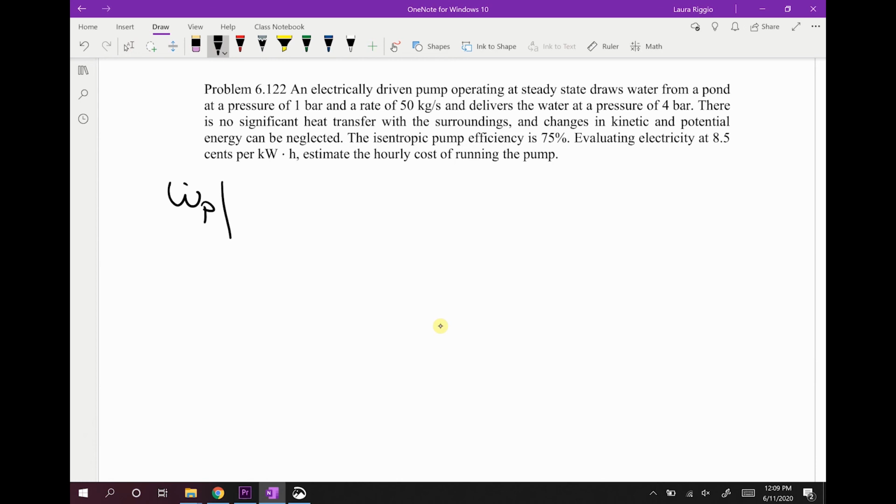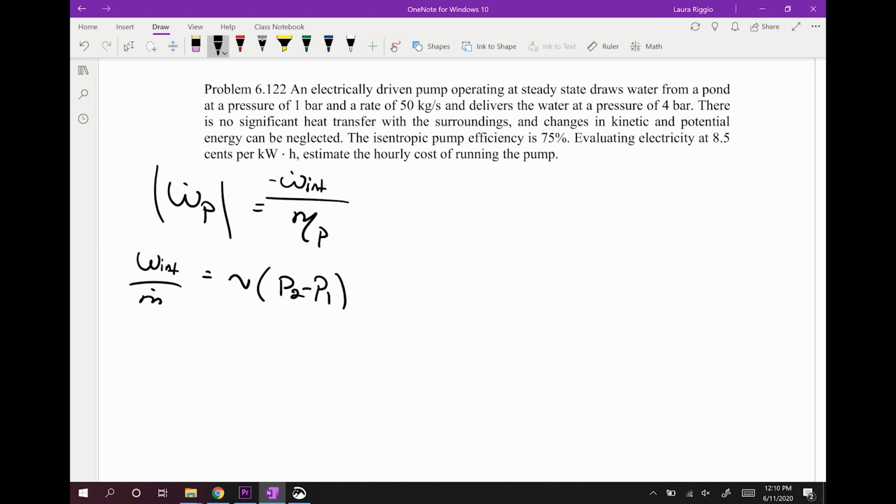So the power for our pump in terms of magnitude is going to be our internally reversible work over our pump efficiency, where our internally reversible work is our specific volume times our change in pressure, which happens to be P2 minus P1 over our density using the definition of specific volume.